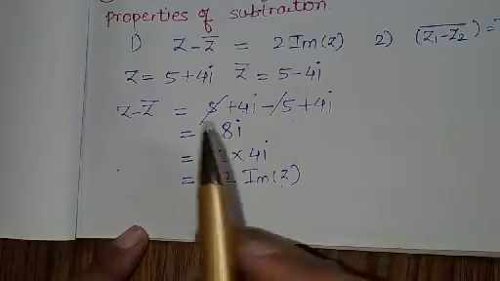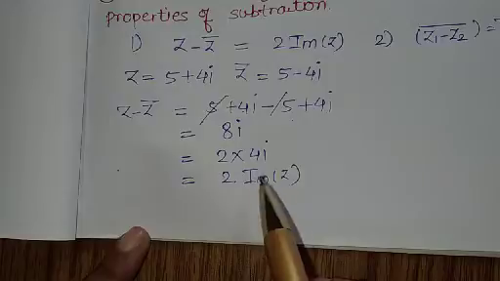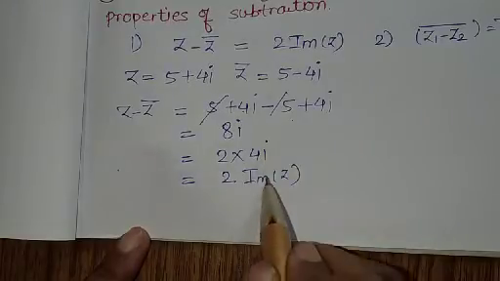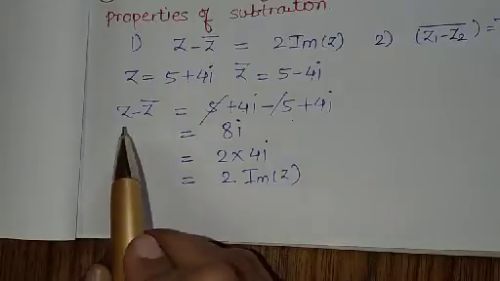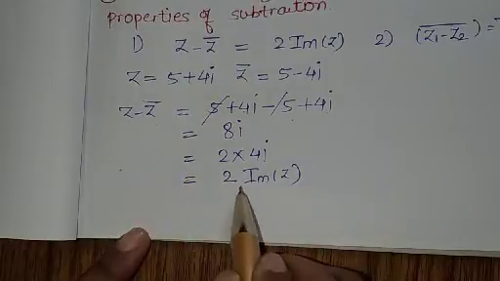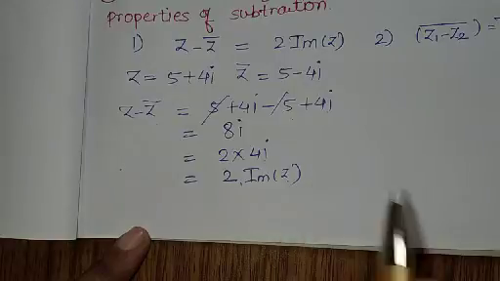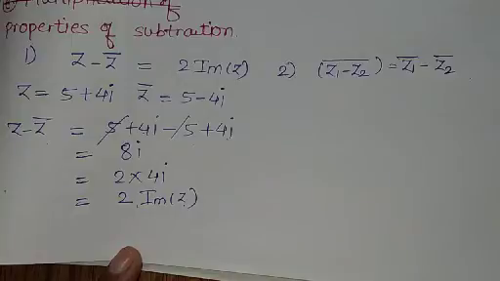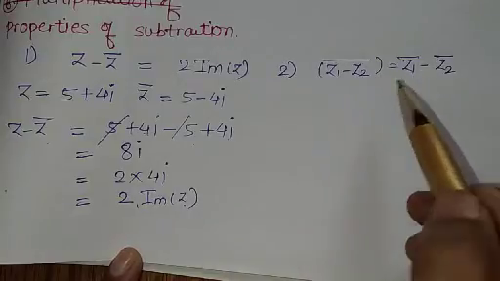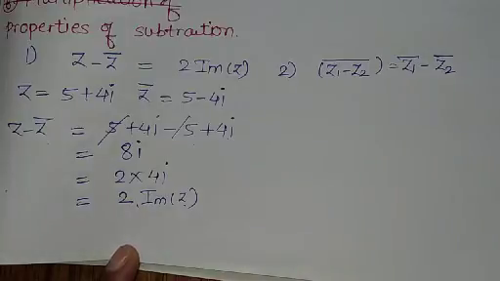This imaginary part of z is nothing but 4i, and similarly we get here 4i, so that z minus z bar is equal to 2 into the imaginary part of z. The second property you can verify simply by taking two complex numbers z1 and z2.